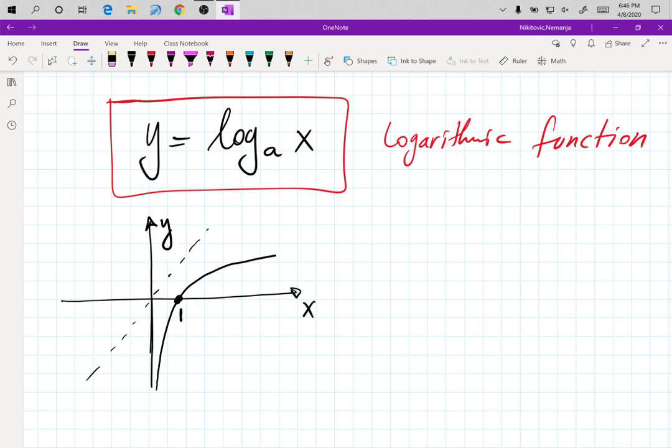Now, how do I get this graph? Well, you get the graph by, remember what the inverse functions do. You have a function and then you swap x and y for the function, and then you get the inverse.